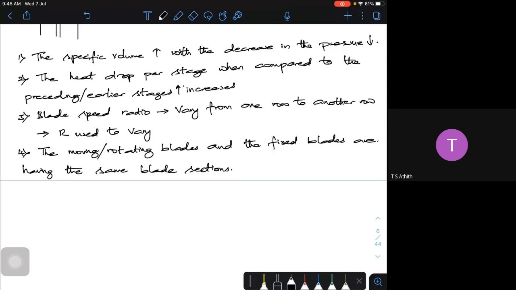But for an impulse turbine, you might have seen that the blade efficiency will go to the maximum when cos alpha is 1 by 2, that is cos alpha by 2. Hope you remember that. And this will be minimum whenever cos alpha is 0. That means I'm going to get something like a simple parabola.